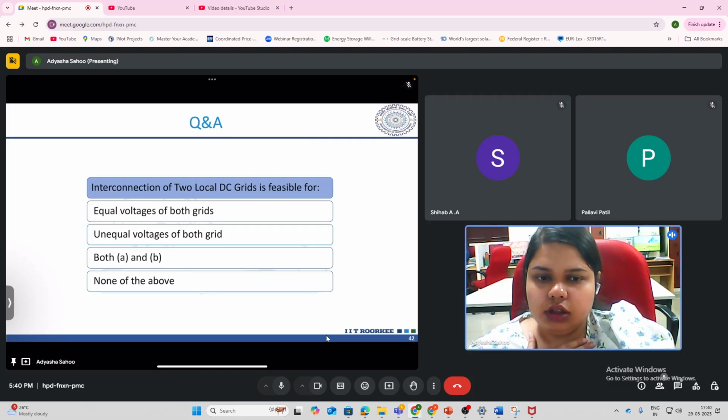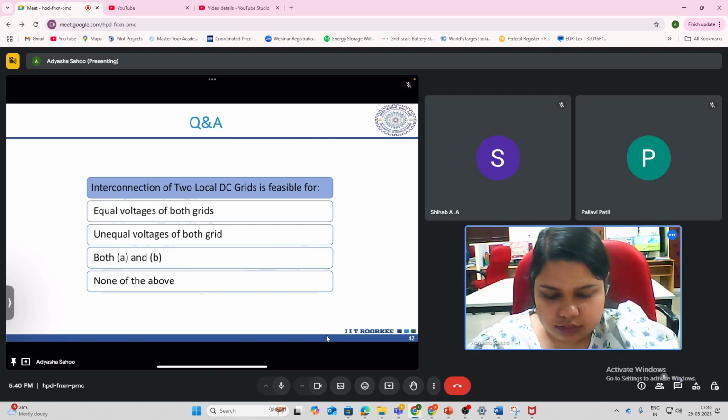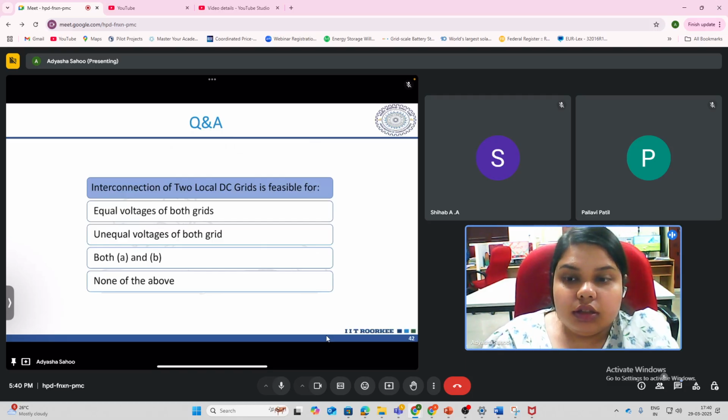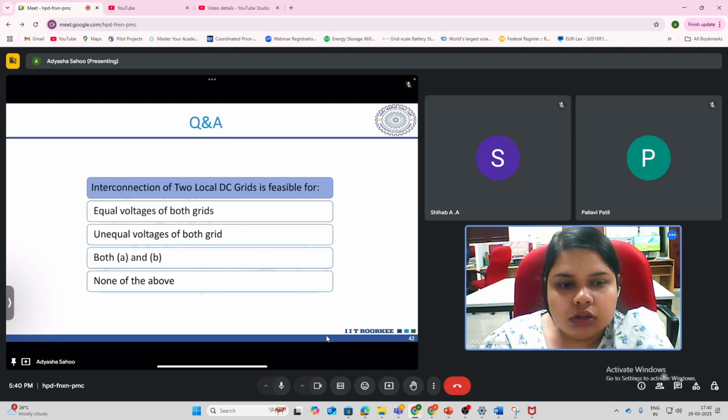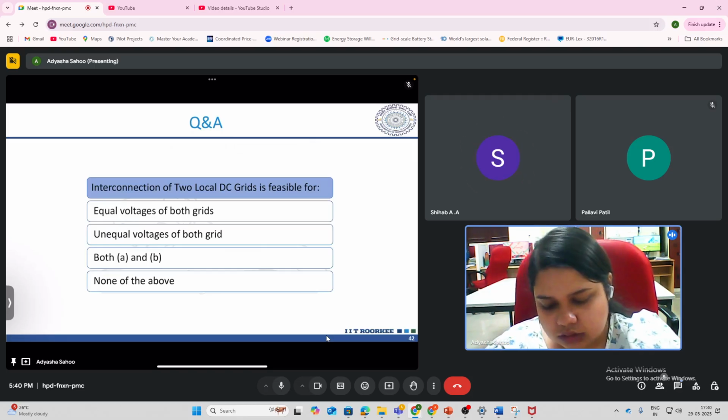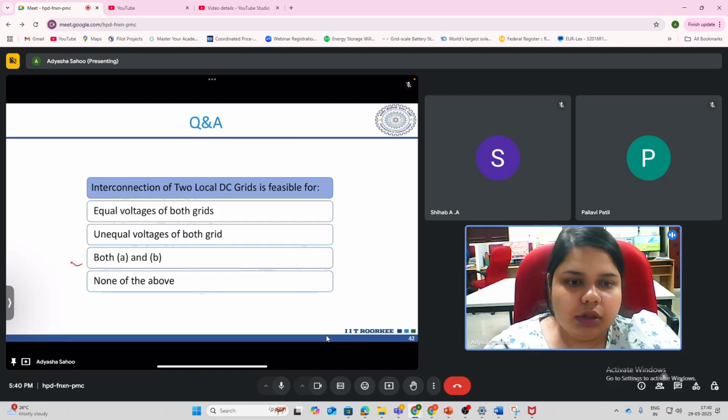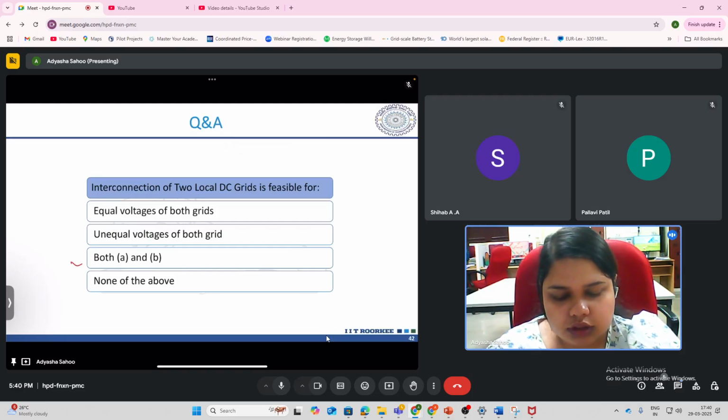Interconnection of two local DC grids is feasible for what? Whether we can connect DC grids having unequal voltages, or we require equal voltages. Yes, it does not depend upon the voltage level of the DC grids.